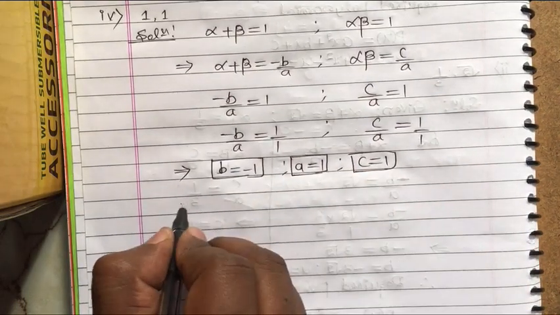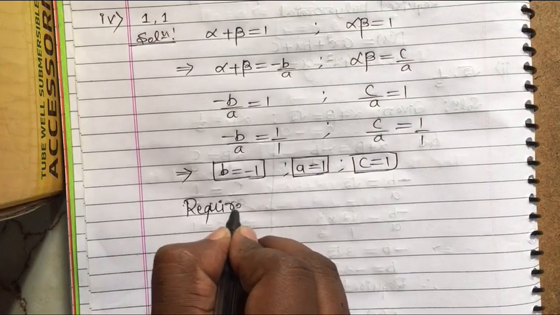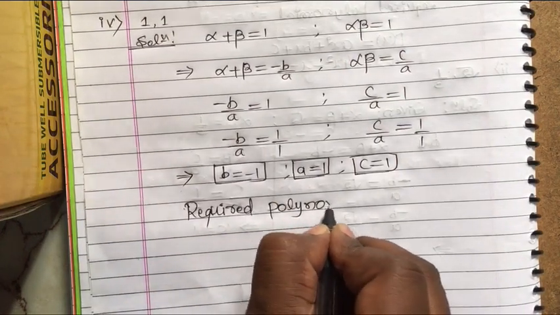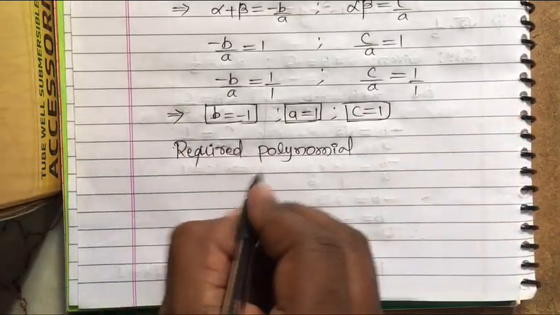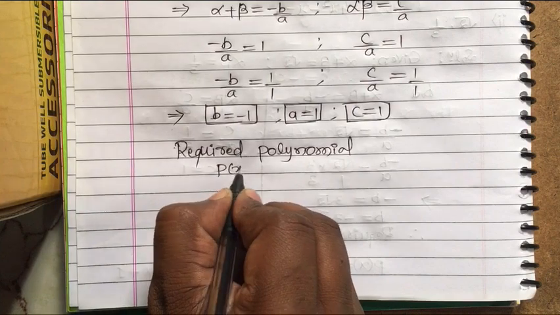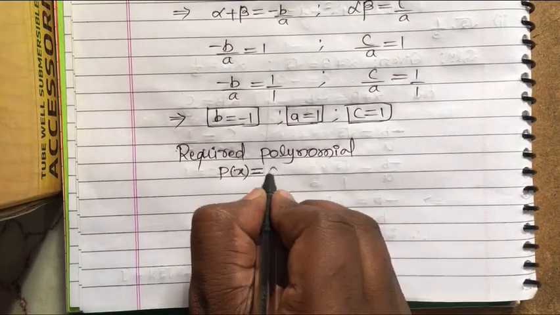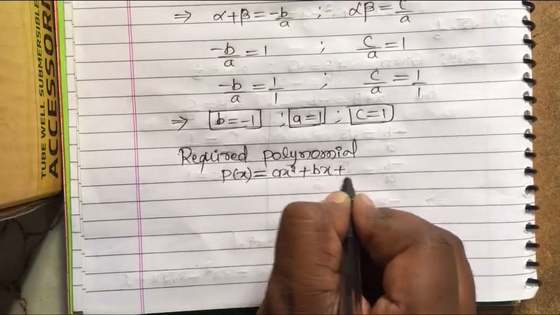So required polynomial p of x is equal to ax square plus bx plus c.